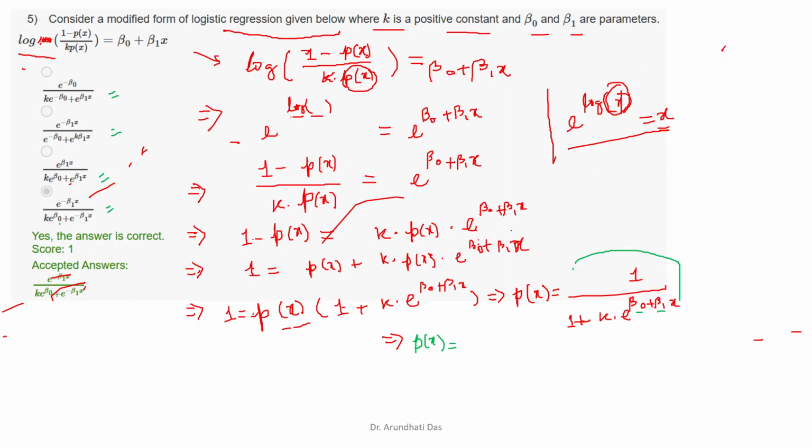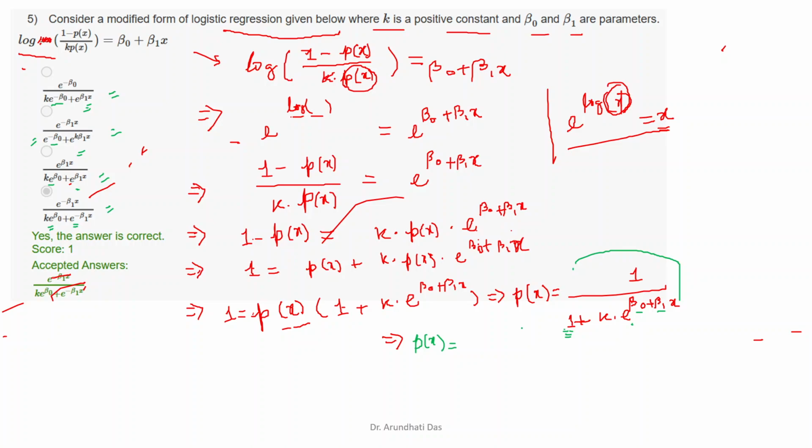Here you can see almost all the terms in the options have e to the power b1. With the k term they only have e to the power b naught. So with the k term I need e to the power b naught, and with the rest of the terms I need e to the power b1.